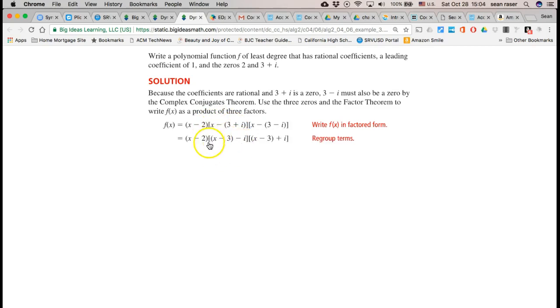So the first thing we're doing is regrouping our terms. You take your parentheses and you put them around your first terms, your x minus 3. So now we've got (x minus 3) minus i times (x minus 3) plus i.